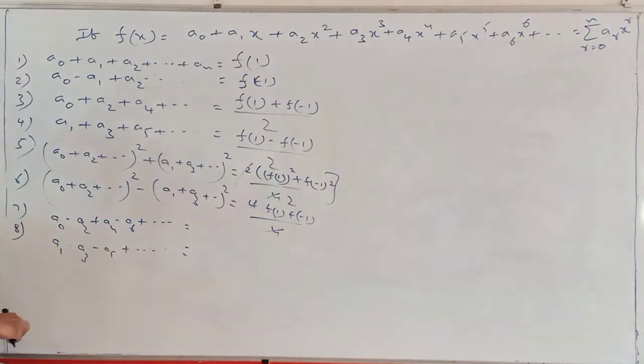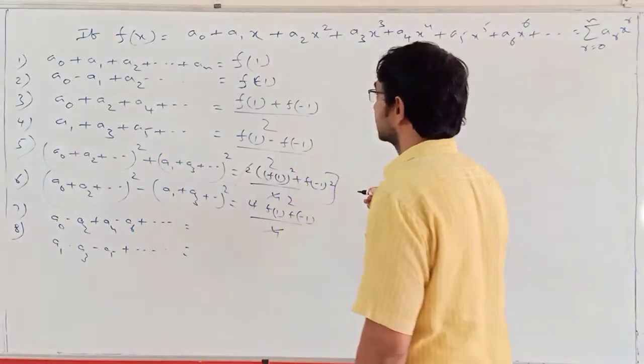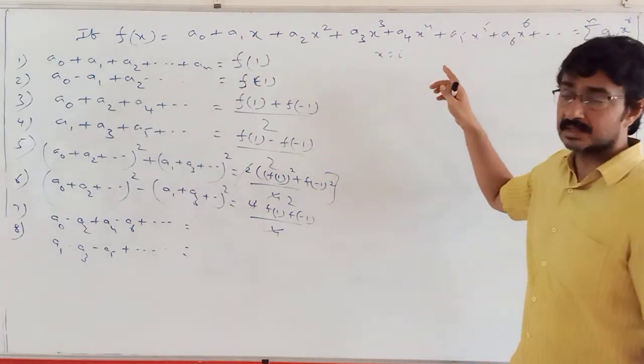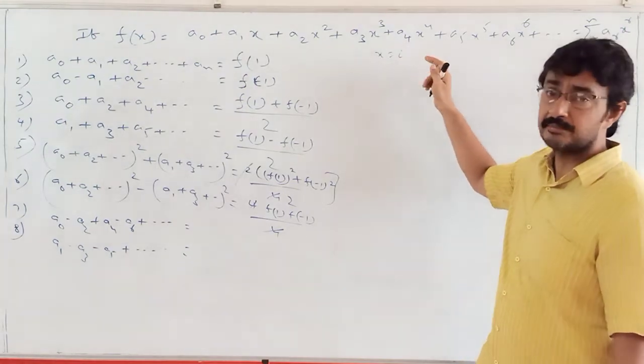See the formula for this: the sum of the coefficients of terms with even powers of x with alternating plus or minus signs, and this is the sum of the coefficients of terms having odd powers of x with alternating plus or minus signs, in terms of f of i and f of minus i. See, put x equal to i on both sides. Here i means iota, the value of i square is minus 1, i equals root of minus 1.